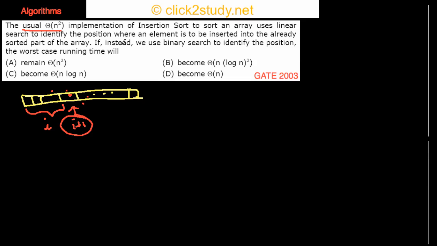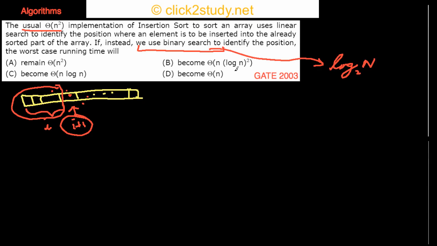So what this is saying is that since you already have a sorted array up till here, instead you can use binary search to identify the position, because you know that binary search just takes log base 2 n time for n elements. If you can search this part using binary search, you will be done in log 2 n time, and then you can insert it in the right position.